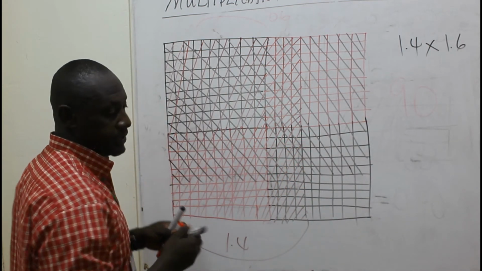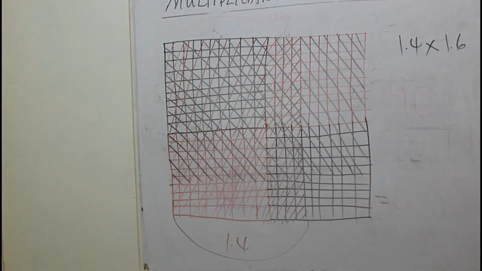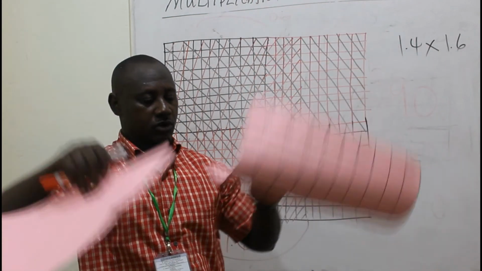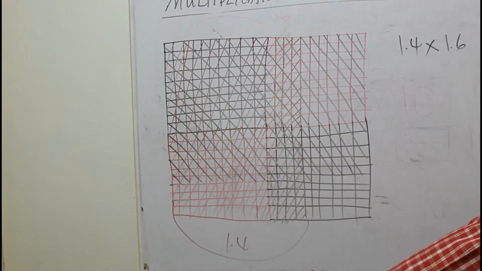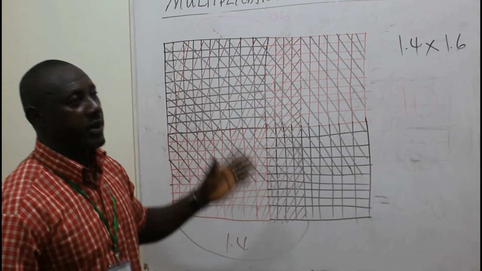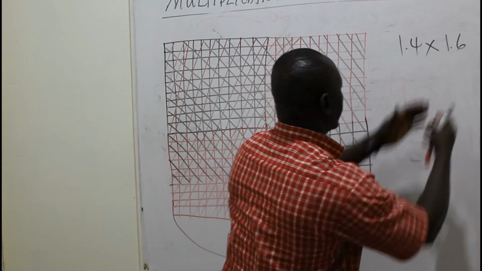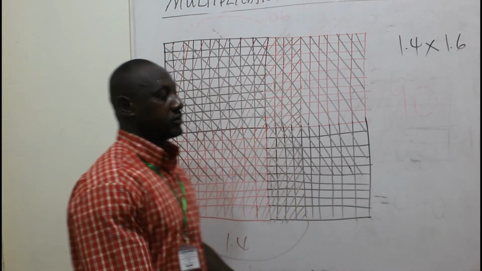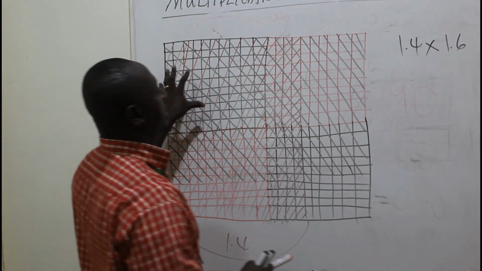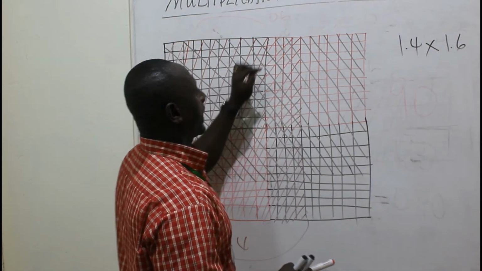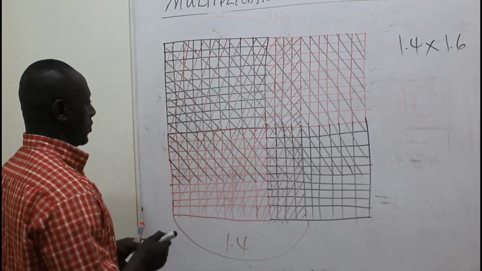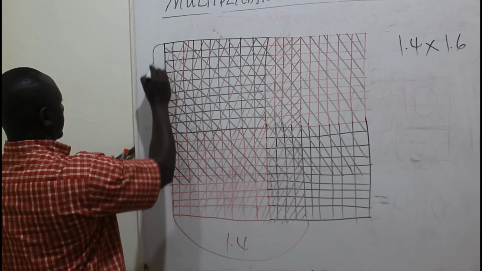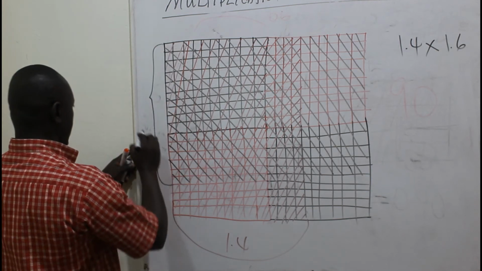Which means that you need four of these so that you can get the 1 point something. If it is 2 point something, you need 2 in addition. If it is 3 points, you need 3 of the wholes. But this one is 1 point, so we need 2 of the wholes, get 1 whole and get the decimals out of it. So now, which means that this place is also 1.6.